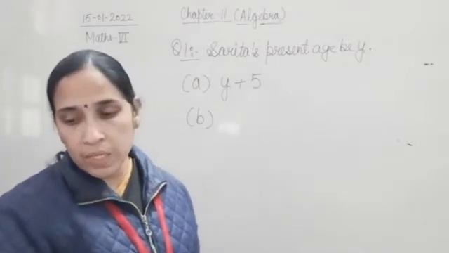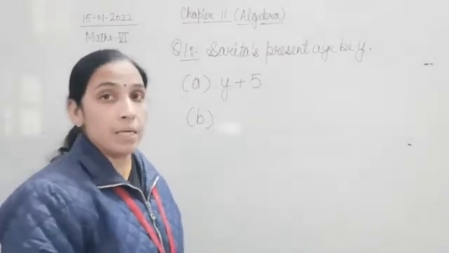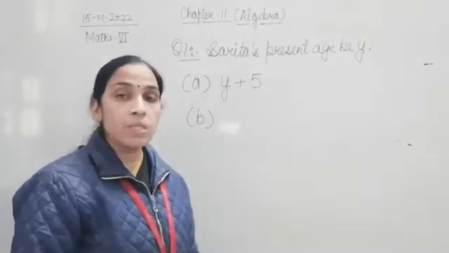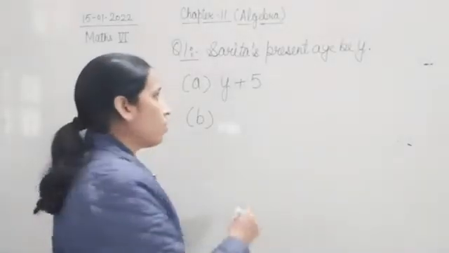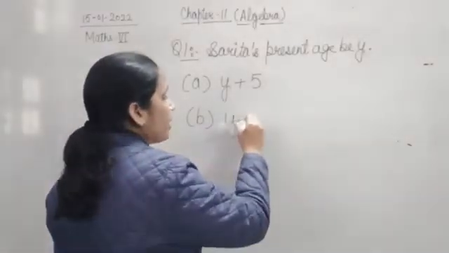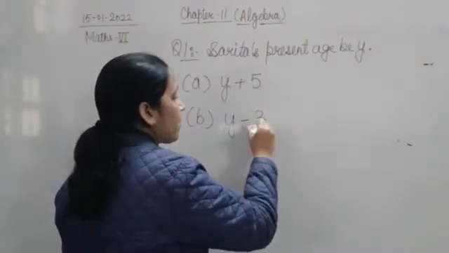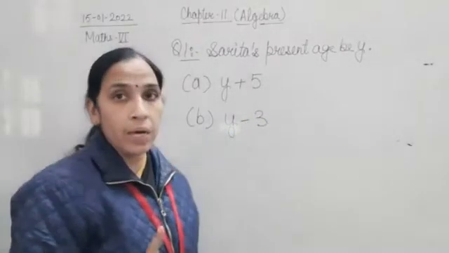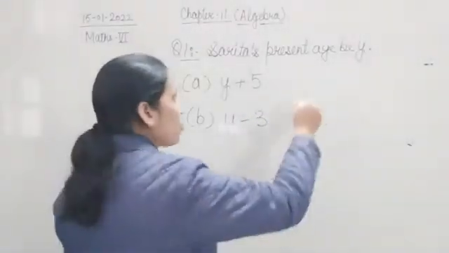Then what was her age 3 years back? Back means earlier, so 3 will be subtracted from y. y is the present age which is already given.